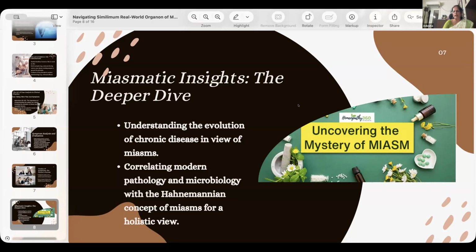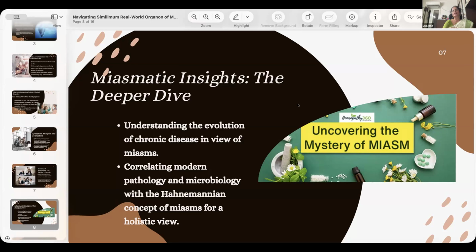So, the miasmatic background knowledge, even in acute illness, helps the physician decide whether there is a need of remedy or whether placebo itself is enough to treat the patient and to recover the patient.